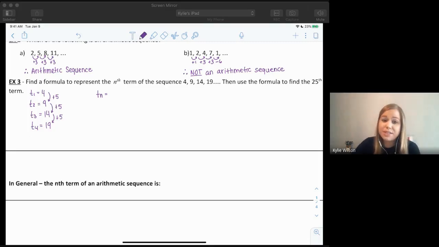Now, we need to first take into account that we're adding by 5 every single time. So how I write that out in an equation is n minus 1 times 5. And the reason I have that n minus 1 is because I'm not starting at 0. I'm starting here, and I'm going to add 5 from there. So from my first term, then I add 5. So that's what this means.